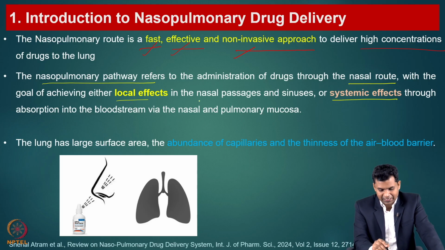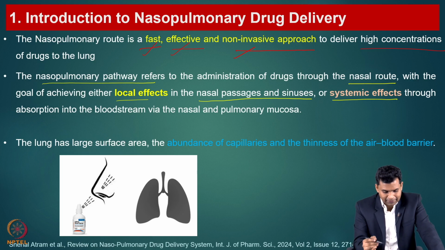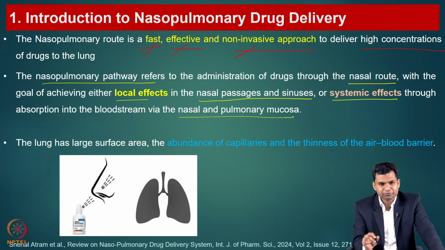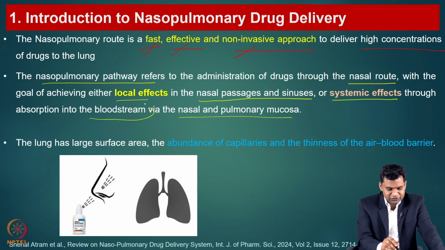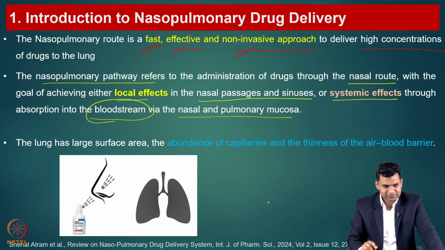The local effect will happen in the nasal passage and the sinuses, whereas the systemic effect will happen after administration through the nasal and pulmonary mucosa, and the drug will reach the blood and then show the response. And why is this happening?